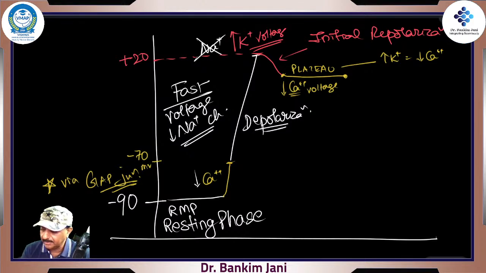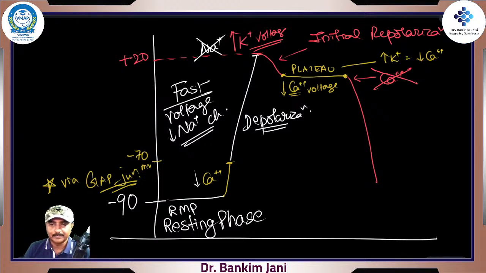And then comes another dip. This is because at this junction, the calcium channels say, now I am tired, my work is done, so they are closed. The potassium channels are happily working, the long race horses.